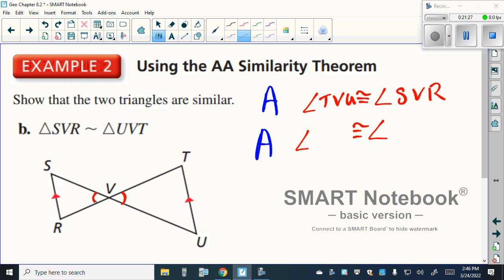And they had a special name. It does start with a V, incidentally. Because these 2 angles are vertical angles. Whenever we have 2 lines that intersect, the angles that are formed are vertical angles, and vertical angles are always congruent.